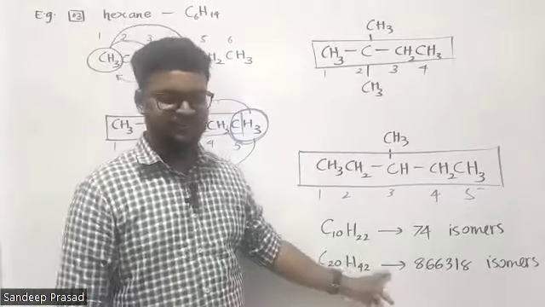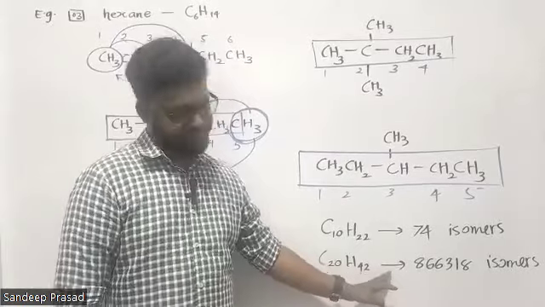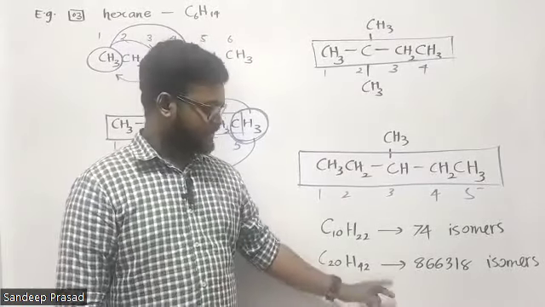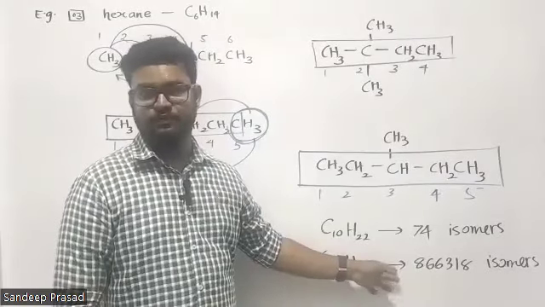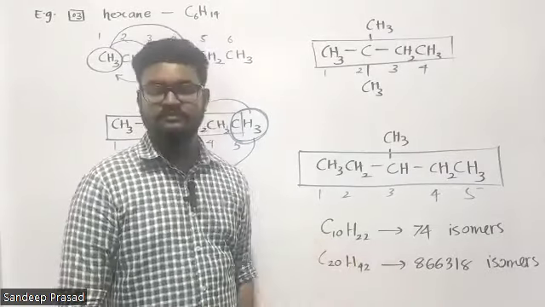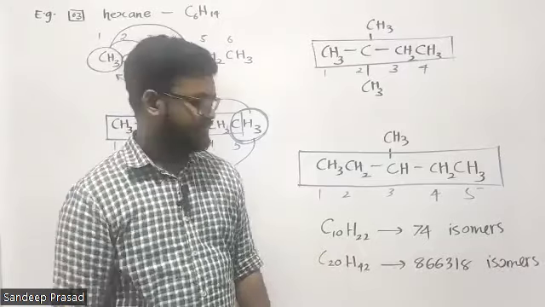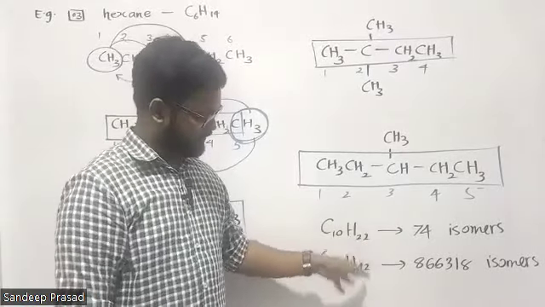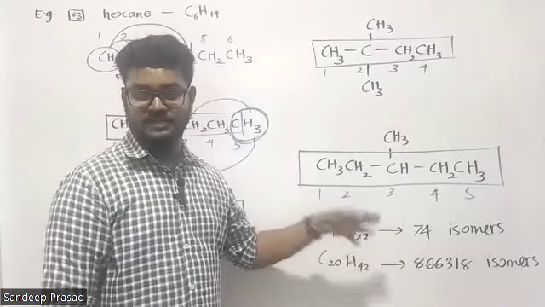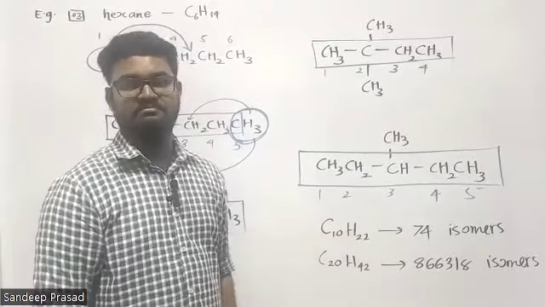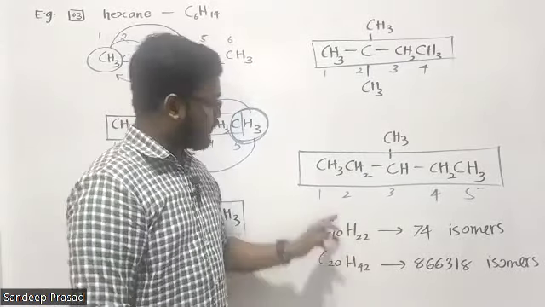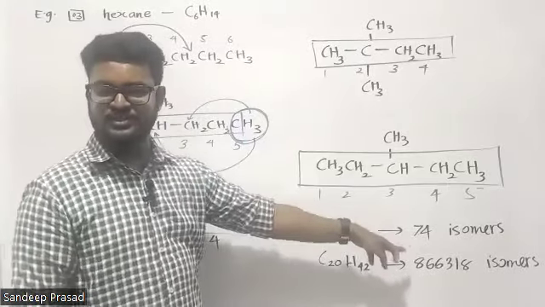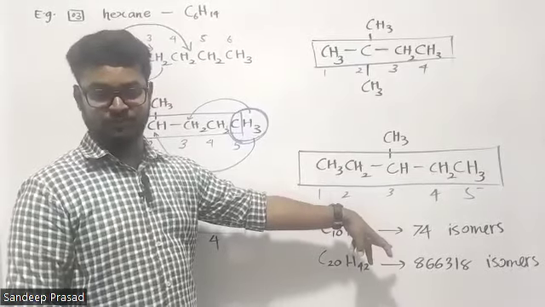Now remember, we don't actually have to draw these things. We have a branch in chemistry known as computational chemistry, so these are now computerized. From computers also we can get these structures. So we are not going this far, but you have to understand that when the number of carbon atoms increases, isomers increase.